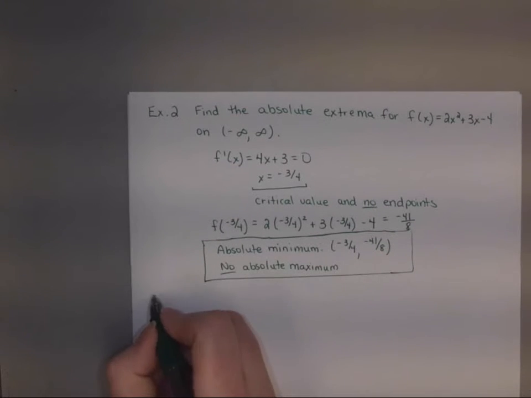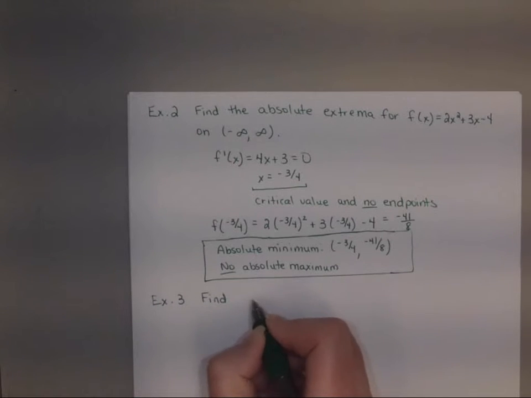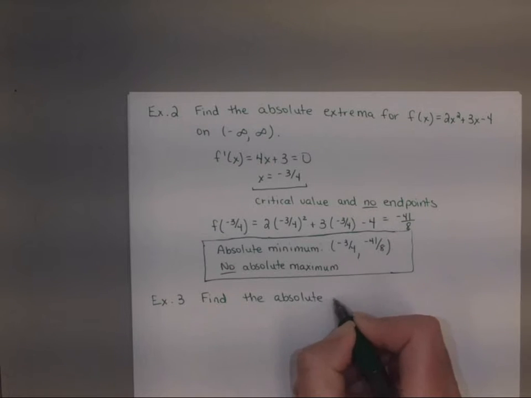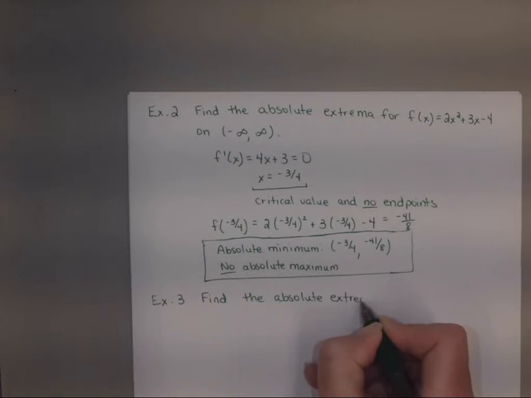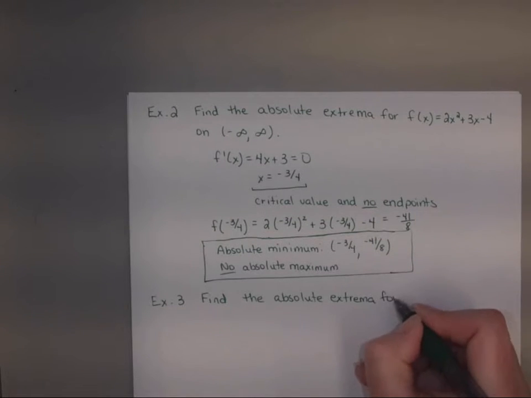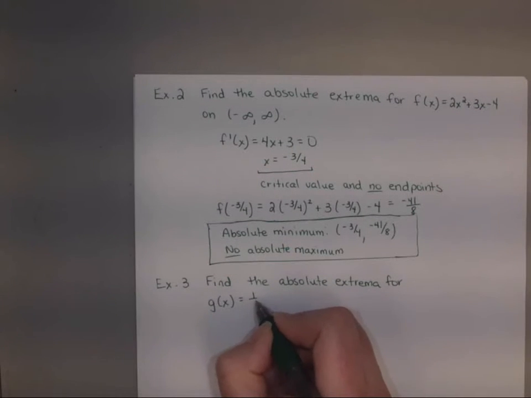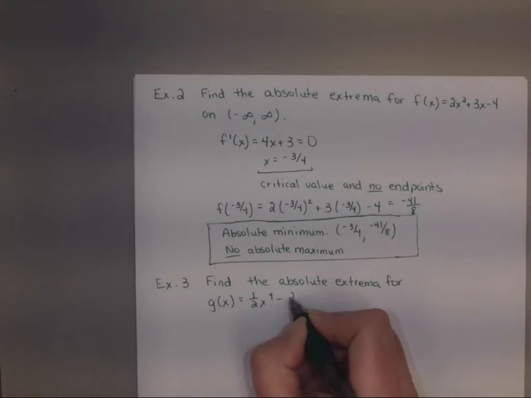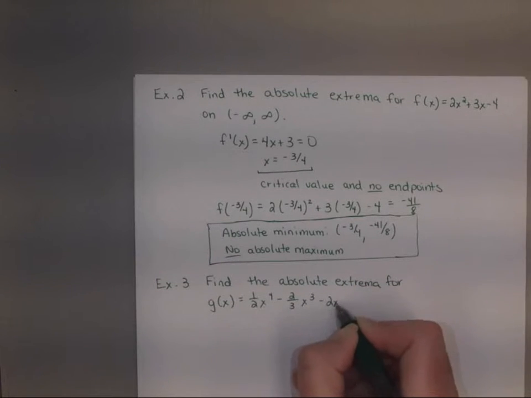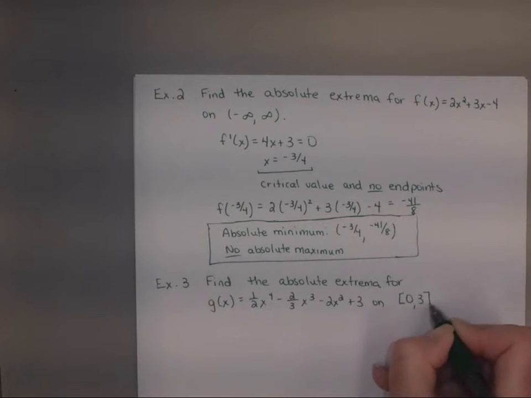Okay, so let's look at another one, maybe with an interval. I wanted to show you one of each. So find the absolute extrema for the following. g of x equals 1/2 x to the 4th minus 2/3 x cubed minus 2x squared plus 3 on the interval from 0 to 3.